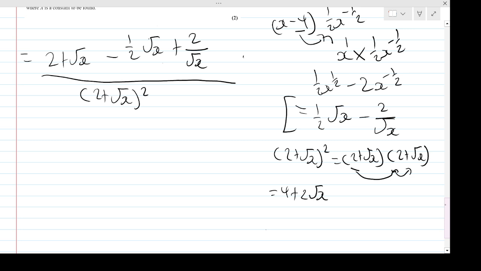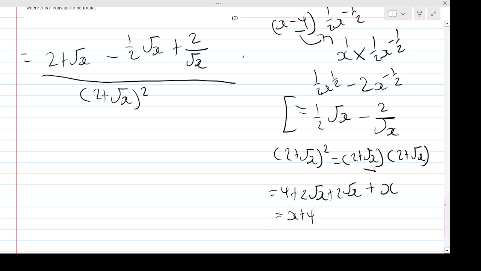Then I'm going to deal with the root x, the next term in the first bracket there. So then root x times 2 is just another 2 root x. And then root x times root x. Hopefully you recognise that's just going to be x, okay? Because we're going to be left with root x squared, and then the square and the square root cancel to just leave x, okay? But this I can simplify a little bit, because then I know I'm going to have x and 4.